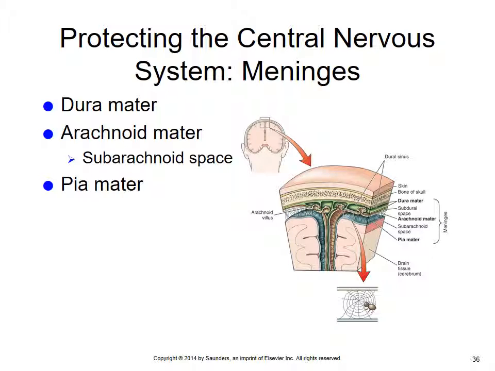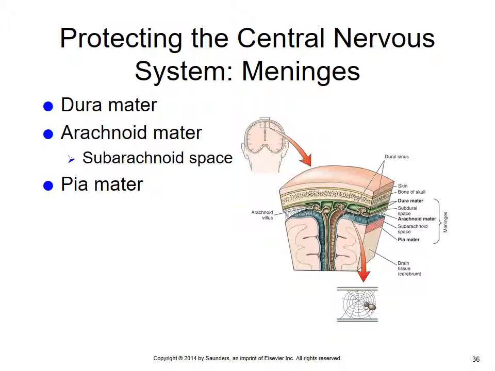The arachnoid layer is a spider web-like membrane between the pia mater and the dura mater. The subarachnoid space surrounds the entire central nervous system and is filled with cerebrospinal fluid, or CSF, to help cushion the central nervous system.